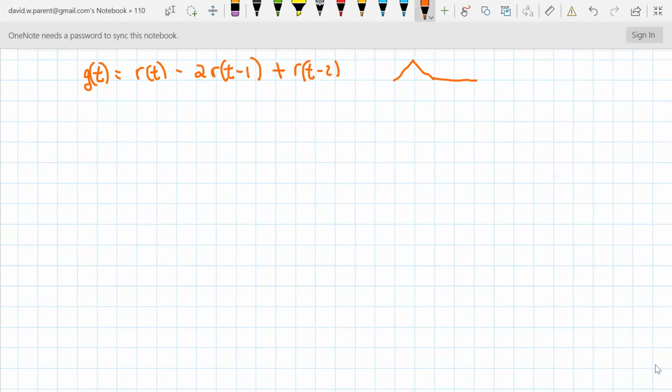And let's do h of t equals u(t) minus u(t minus 4). All right, so that should give me here 1, 2, 3, 4 down.